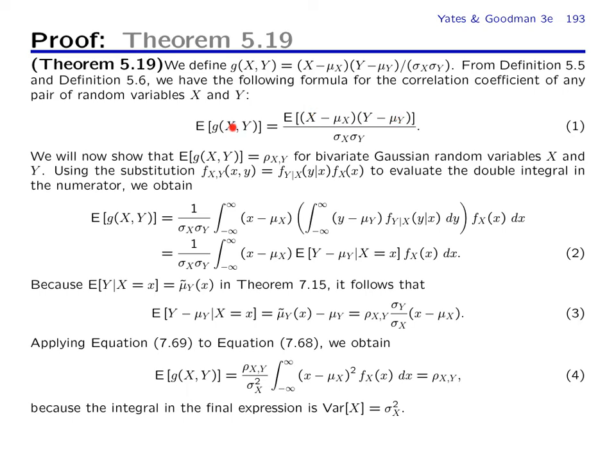You have a function g of x and y, and the machinery to evaluate this kind of expectation of a function of x and y, we didn't have that machinery in chapter 5 where we stated this theorem. So now that we're in chapter 7 and we've developed ways of doing this calculation, the algebra is here and in the textbook, and maybe someday you'll want to look through it.